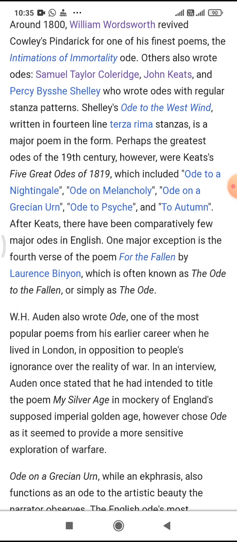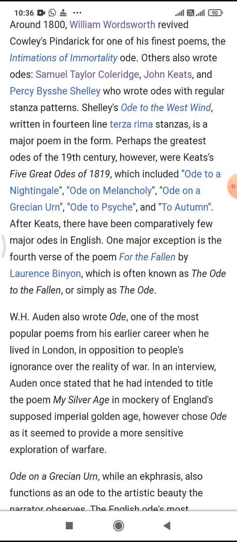W. H. Auden also wrote Ode, one of the most popular poems from his earlier career when he lived in London, in opposition to people's ignorance over the reality of war. In an interview, Auden once stated that he had intended to title the poem My Silver Age in mockery of England's supposed imperial golden age.